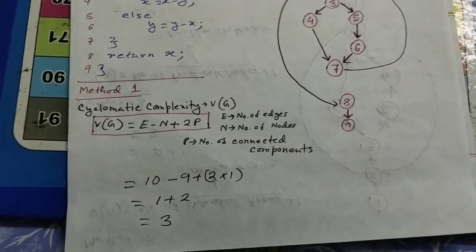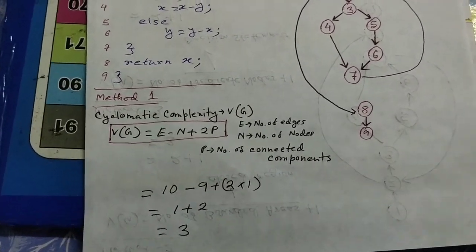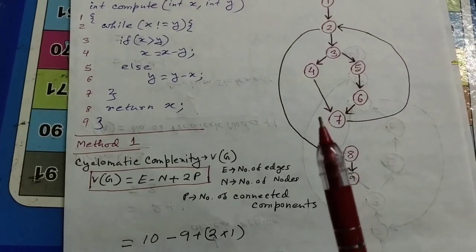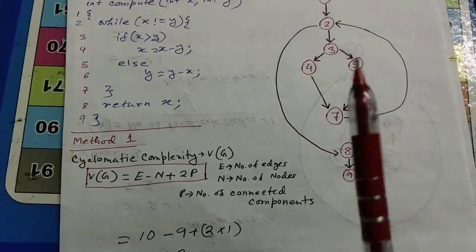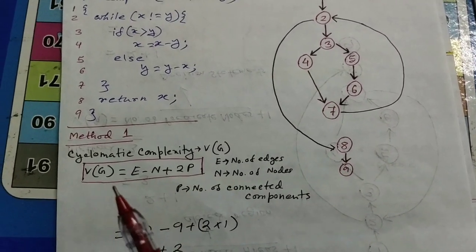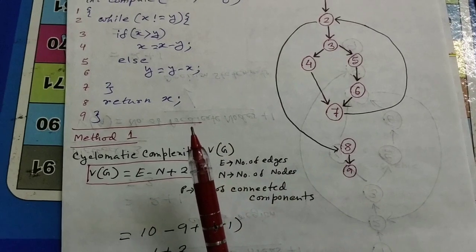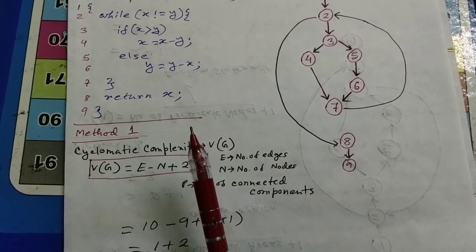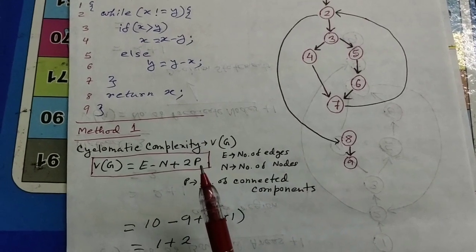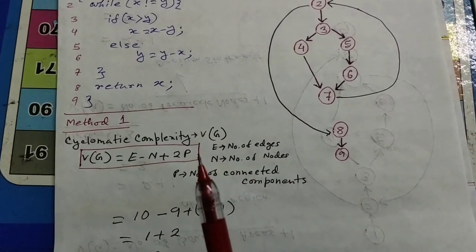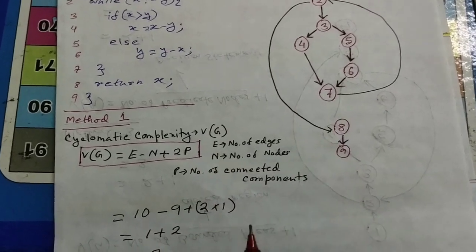Normally in our exam question we'll get the program segment where P, most of the time, will be 1. That's why in some books you will find the formula written like Vg equals E minus N plus 2. Okay, but it is better to use P because there can be more than one connected component.